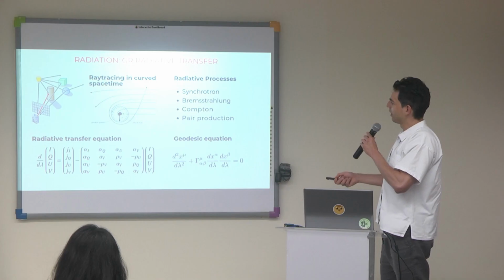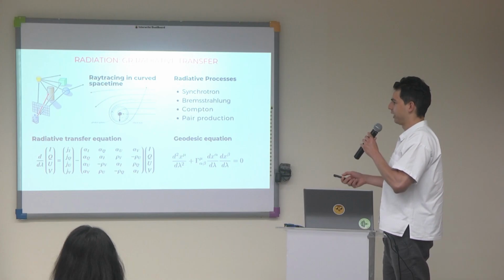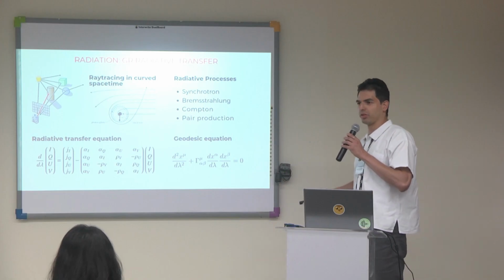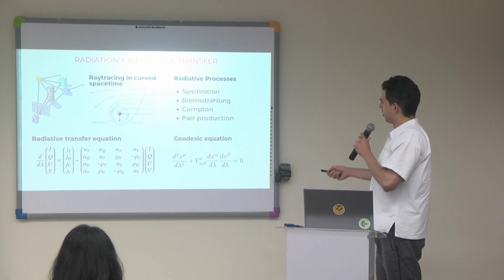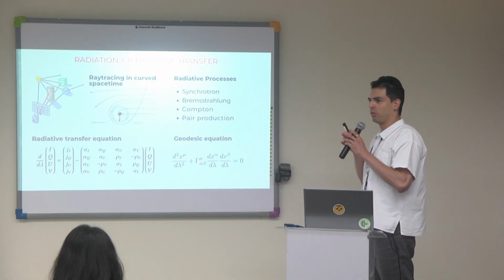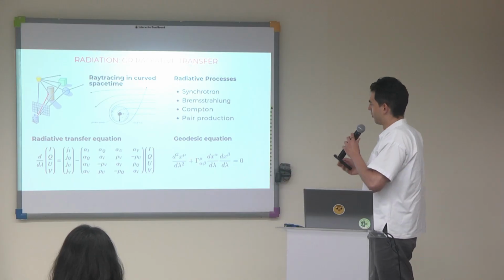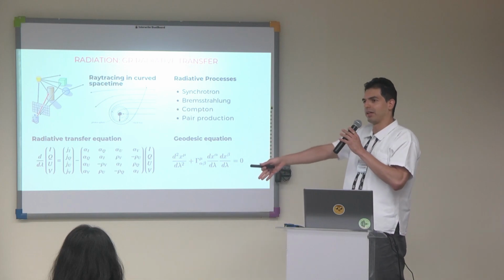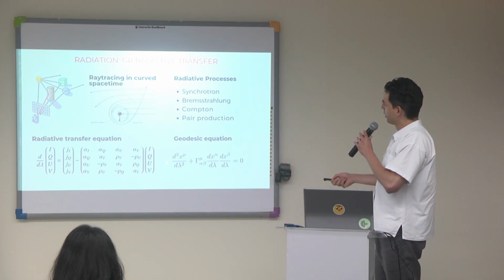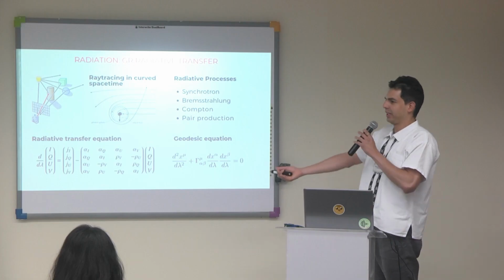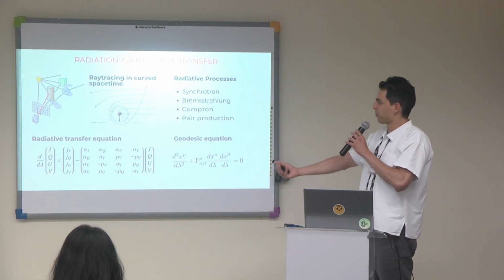And on the other hand, we have to solve the radiative transfer equation to see how the intensity and polarization of light changes as it travels through the plasma. For solving the geodesic equation, many times we work backwards. First we find what is the trajectory that the photon will follow, and once we know that trajectory, we integrate forward from the source to the observer.